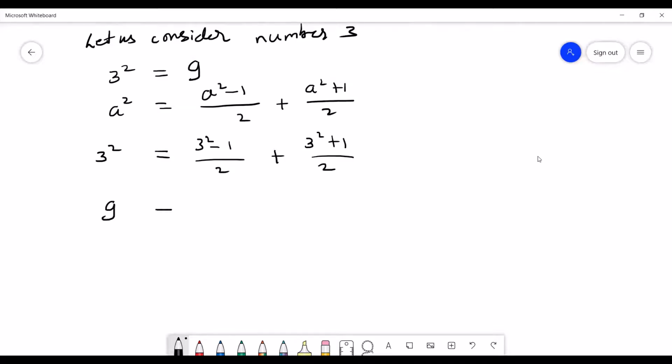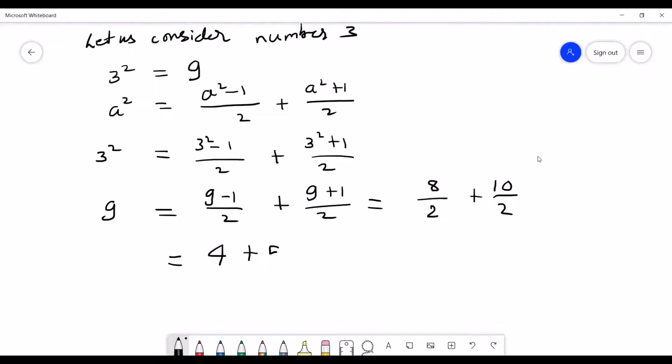Here it is coming 9. 9 is equal to (9 minus 1) divided by 2 plus (9 plus 1) divided by 2. What are we getting? 9 minus 1 is 8, 8 divided by 2 plus 9 plus 1 is 10, 10 divided by 2. That is 4 plus 5. So we are getting 9. So we have proved that this is possible.